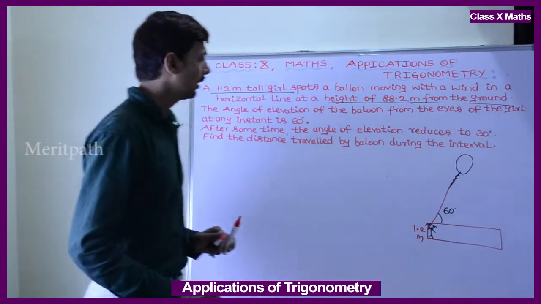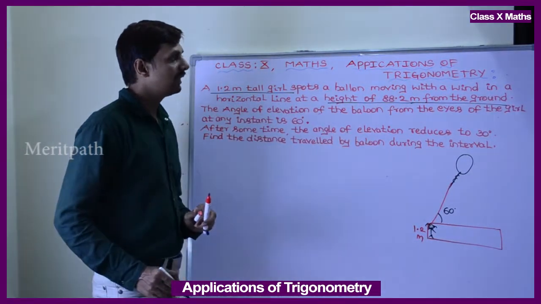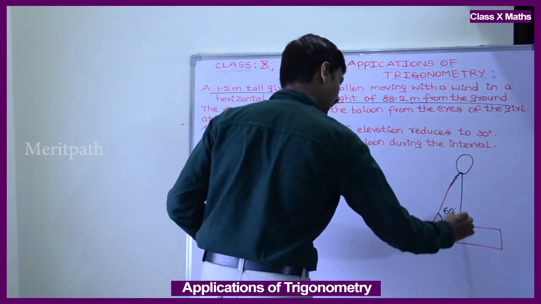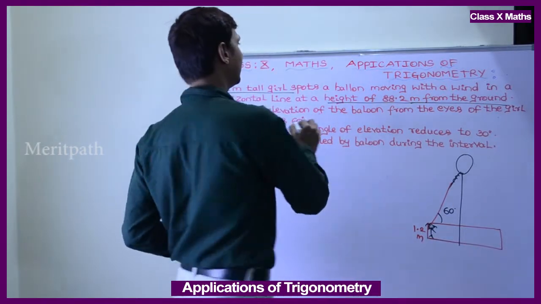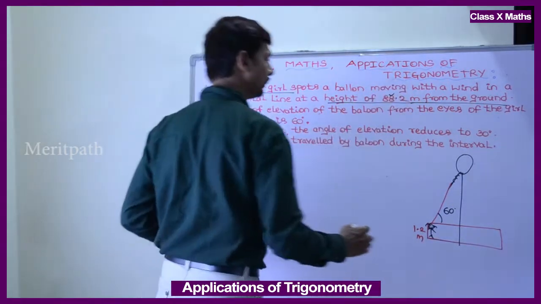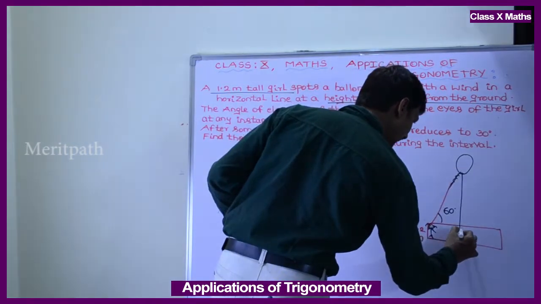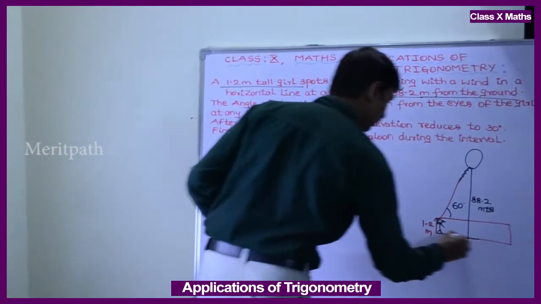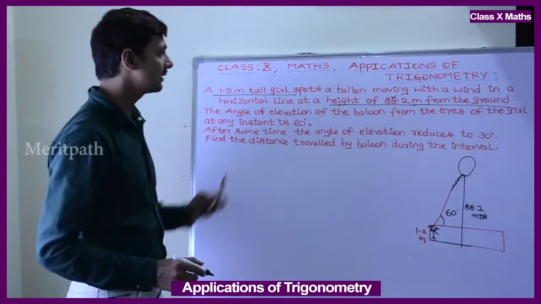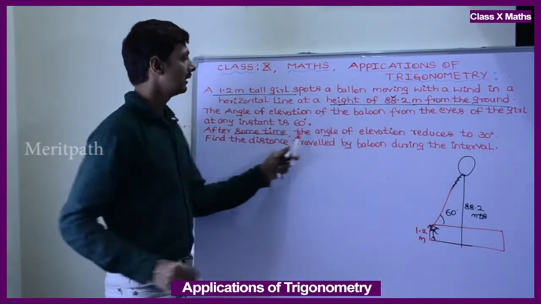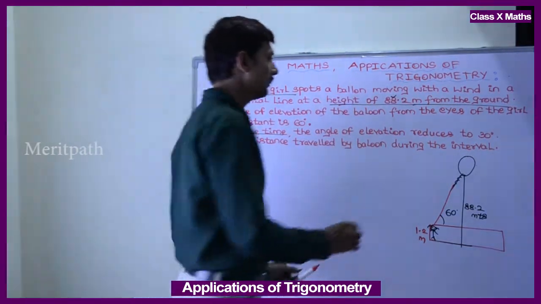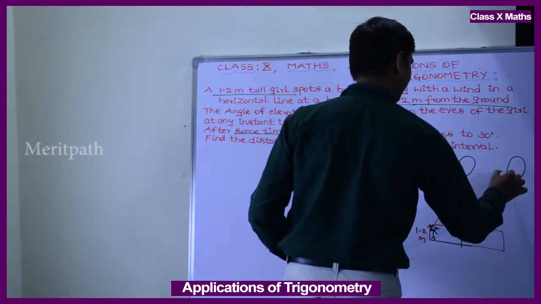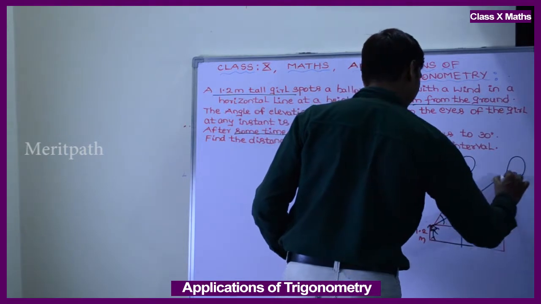The height of the balloon from the ground level, we know, is 88.2 meters. After some time, when the balloon is moving, the angle of elevation reduces to 30 degrees.